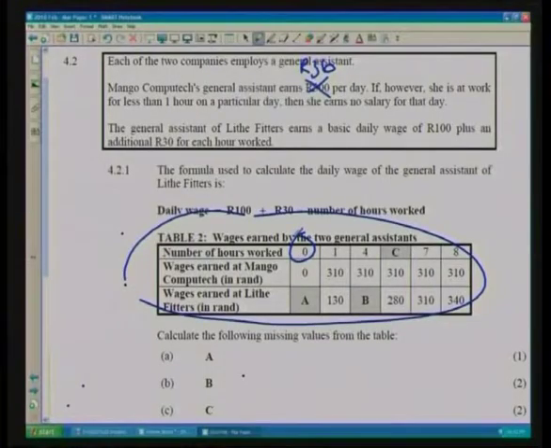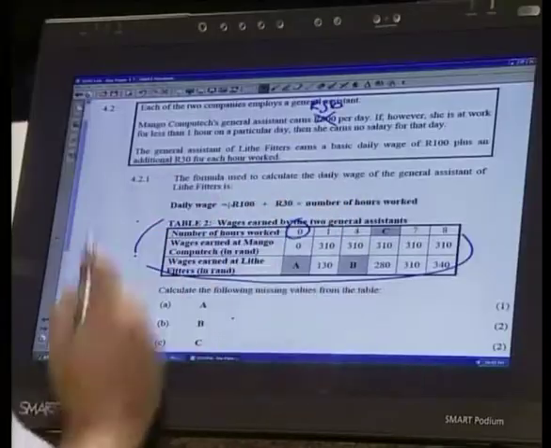So what am I going to get paid? I am going to get paid 100 Rand. But hold on. I haven't worked. How can I get paid 100 Rand if I haven't worked? Well, if we look here, there's a formula. And the formula says you're getting 100 Rand plus 30 Rand per hour.